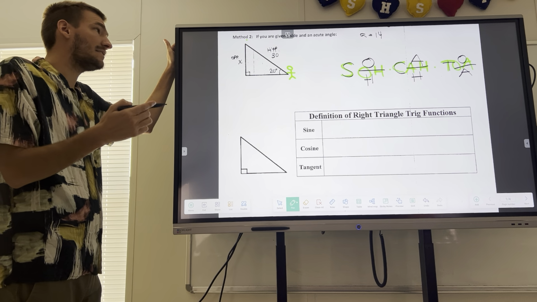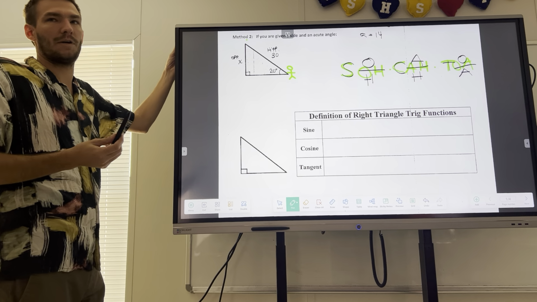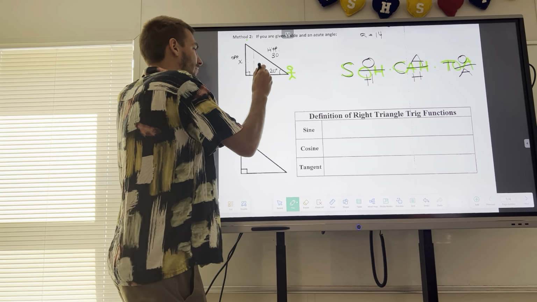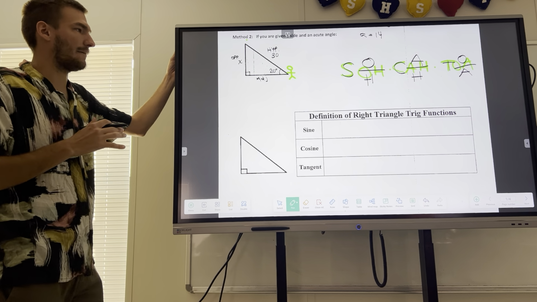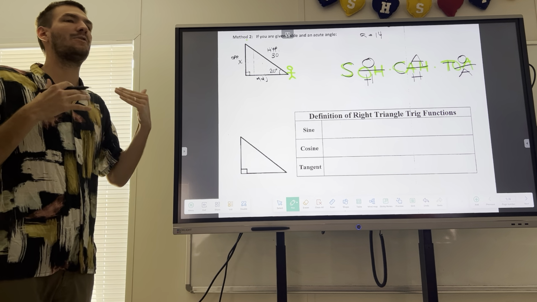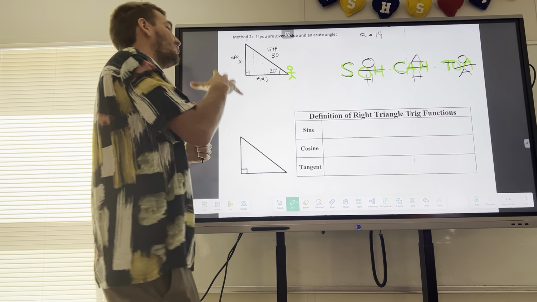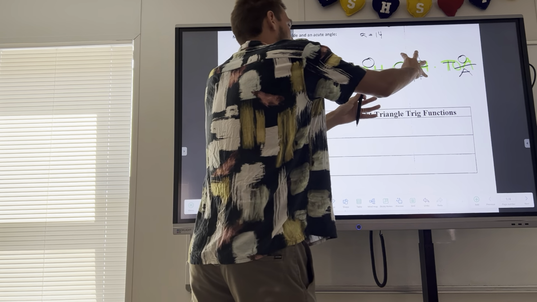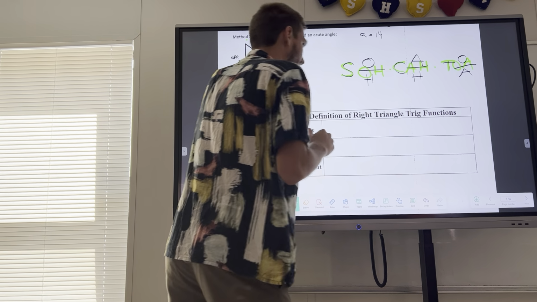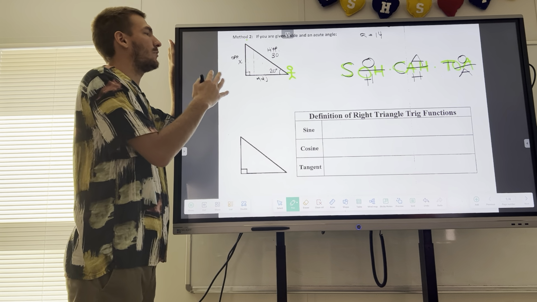And that means the missing side, this bottom side, what is that one going to be called? Okay, nice. Maybe we're going a little too slow. ADJ, we got it. Now for every question, you're going to be trying to decide, do we want to use SO or CA or TOA, and the way we decide is we look at what kind of stuff we're working with here.